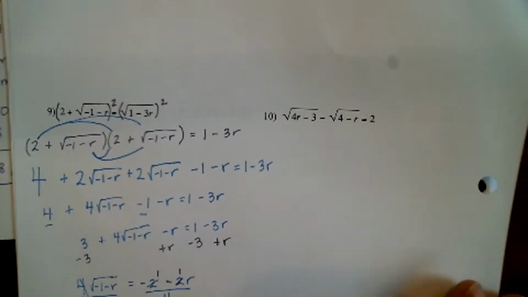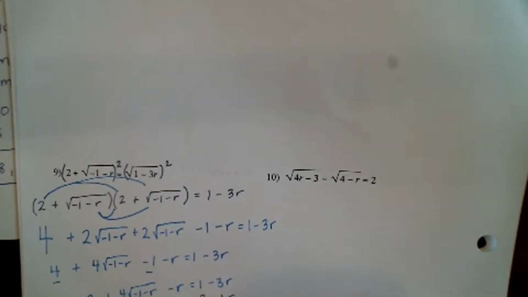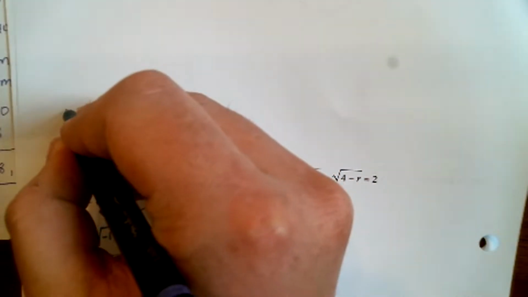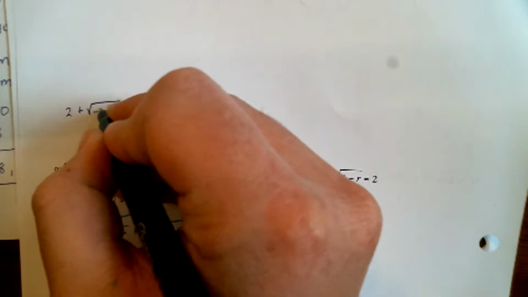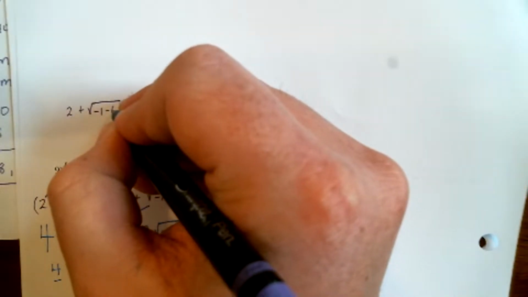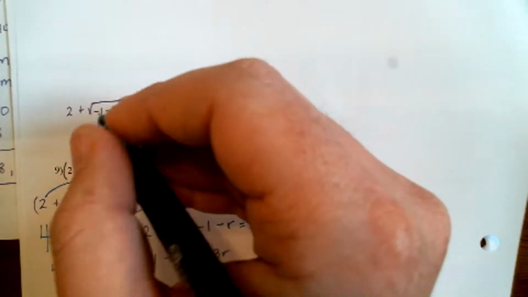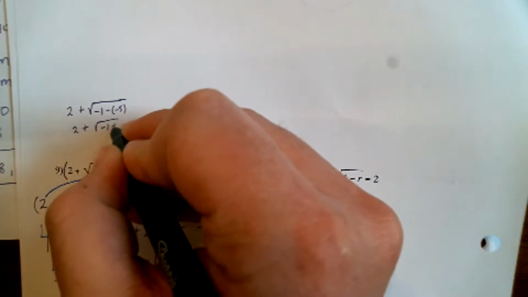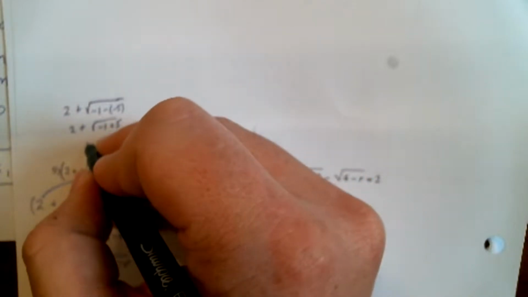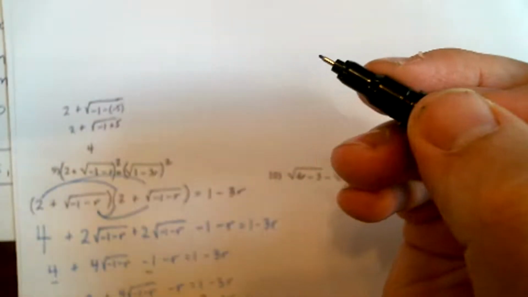Check for extraneous, negative 5 and negative 1. So that's 2 plus radical negative 1 minus negative 5. That's 2 plus radical negative 1 plus 5, which is 4. So that's going to be 4 there.